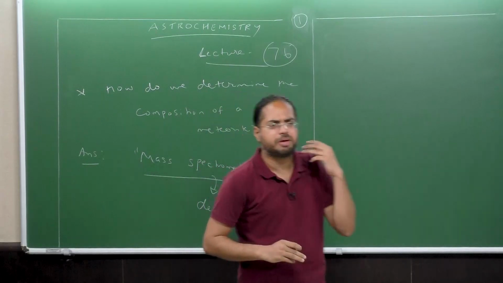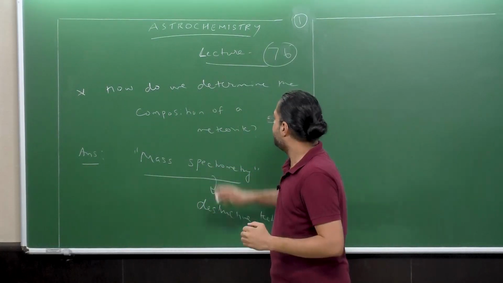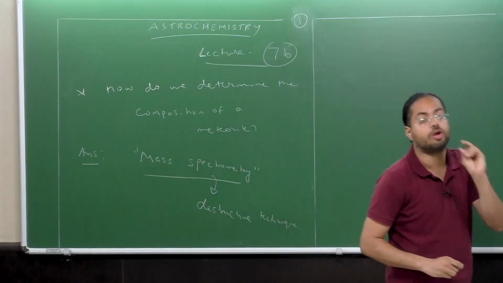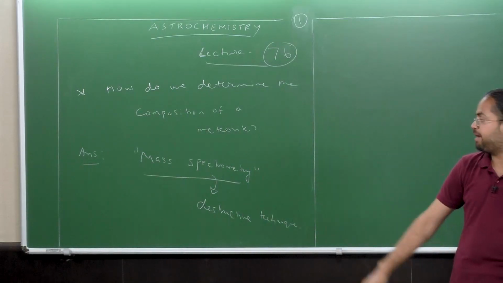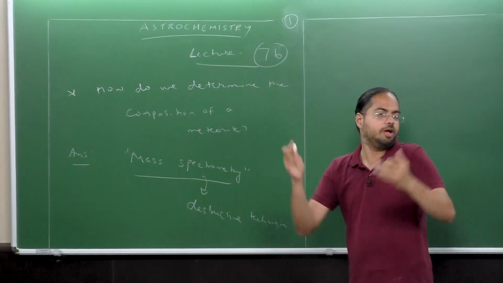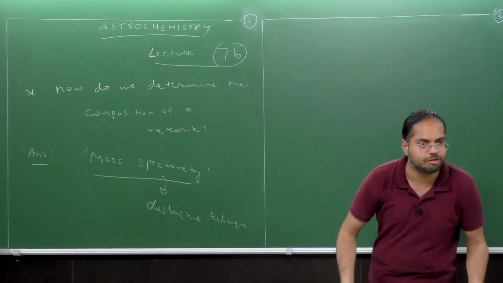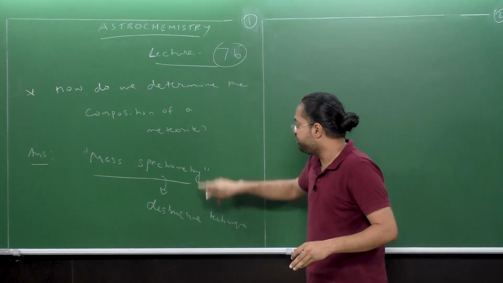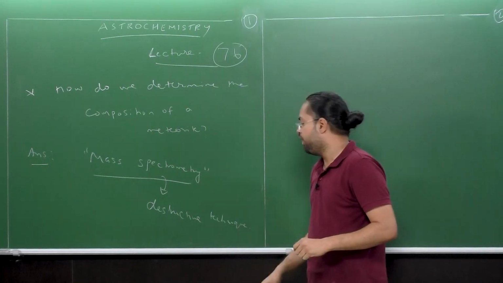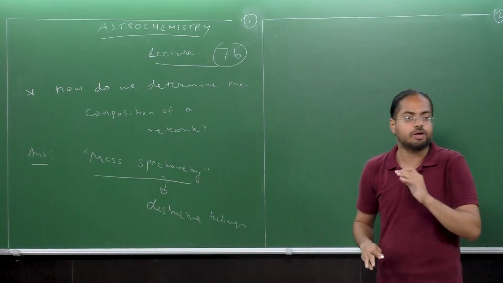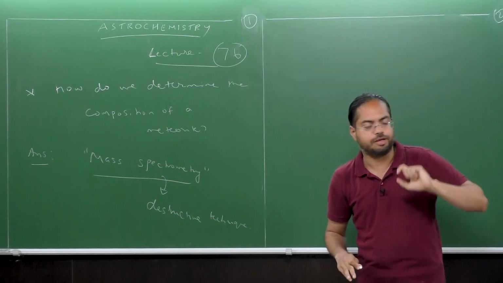What I'm trying to convey is that when you analyze a meteorite via mass spectrometry, some amount of the sample is lost. We have a physical sample of the meteorite, because nature provides us with the meteorites. The physical sample is already in our labs. Meteorites can be analyzed by spectrometry, wherein we do something to the sample and some part of the sample gets lost. Whereas with spectroscopy, that is not the case.